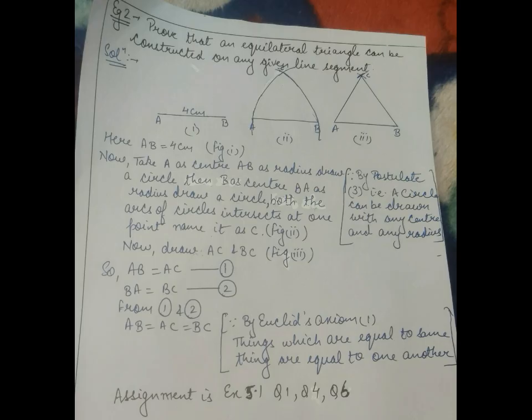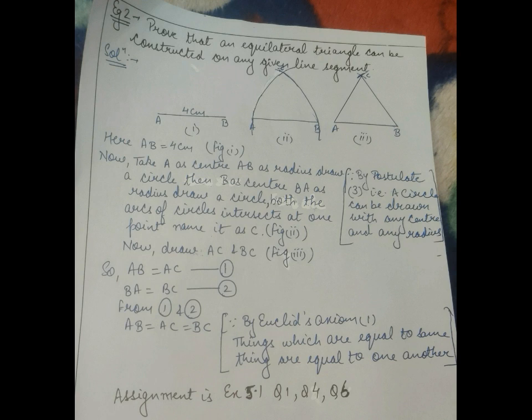Then come to example number 2, that is, prove that an equilateral triangle can be constructed on any given line segment. Now according to this, I have taken AB of 4 centimeters and consider it as figure number 1.